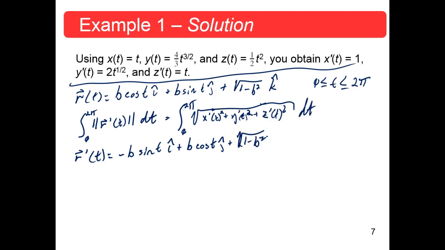Yeah, because, wait, is there no t in there? Yeah, there is a t in there, I just left it off. Square root of 1 minus b squared, okay.